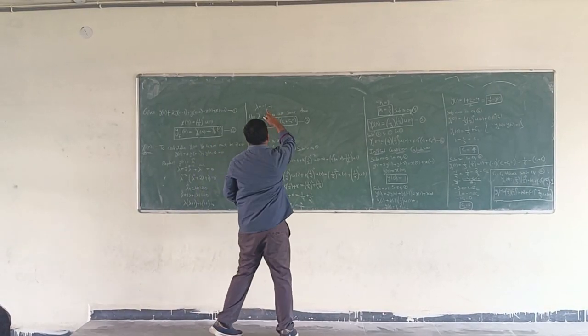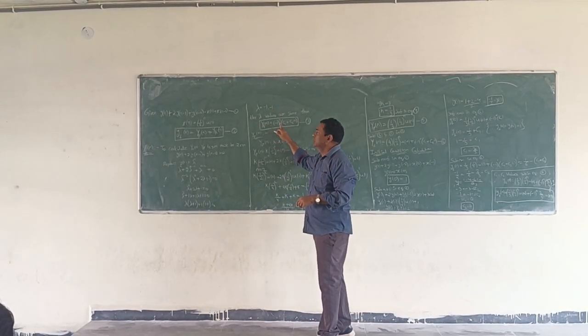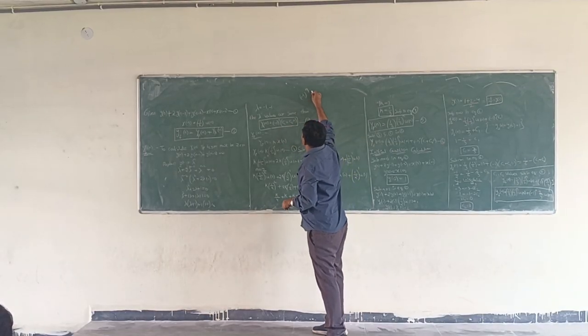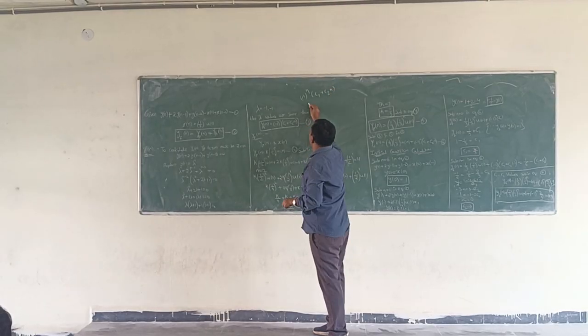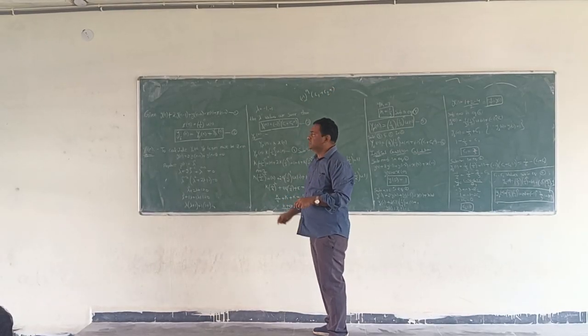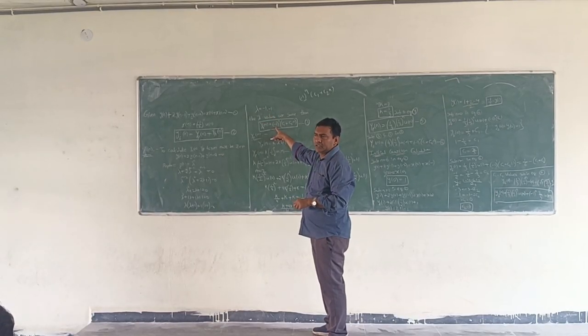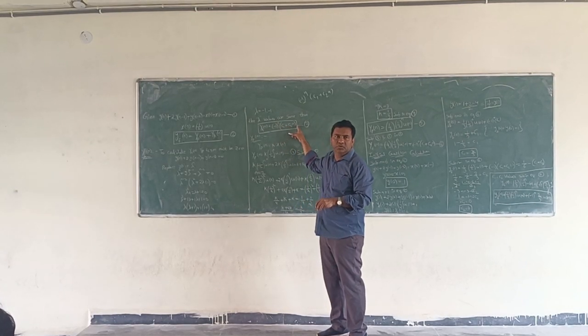Whenever you are having equal roots, the homogeneous solution h of n is equal to, what is the general equation? It is lambda to the power of n into c1 plus c2 into n. What is the lambda value here? Lambda is minus 1. So replacing lambda with minus 1: minus 1 whole to the power of n into c1 plus c2 into n.